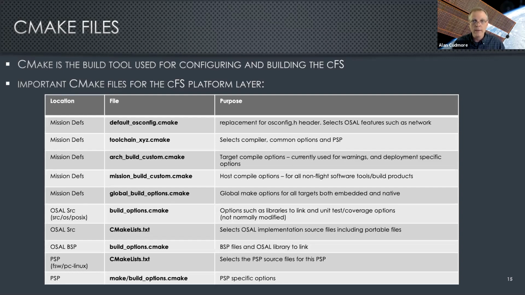Like in the CFS, these are in our mission defines directory. So unless you create or customize a new OSAL port or PSP, you shouldn't have to go digging all the way down into the directory structures for the CMAKE files that you need to configure. They should all be at a higher level where you can really set things up for your mission.